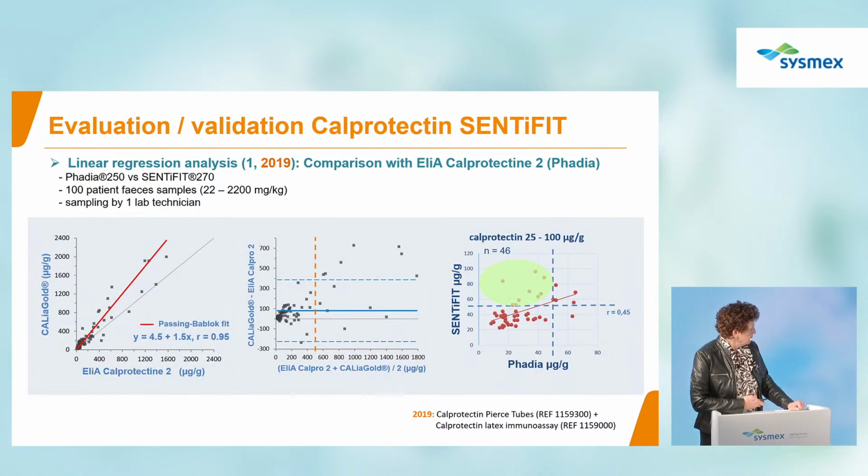What we see over here, mainly in the part in the middle, is that from a concentration over 500, the difference between the FADIA method and the CALiaGold method becomes bigger. The CALiaGold measures higher than the FADIA method. It is because of the kind of extraction chassis. That is why it is getting higher.